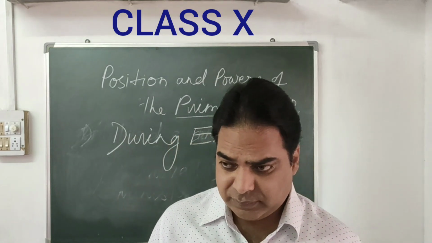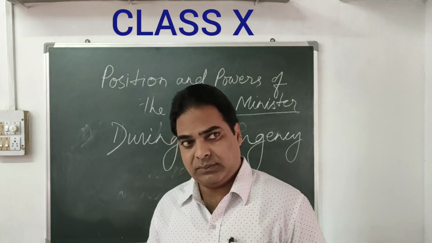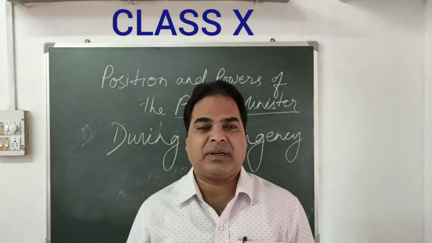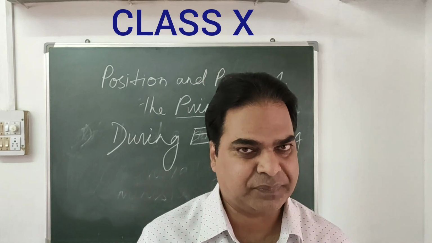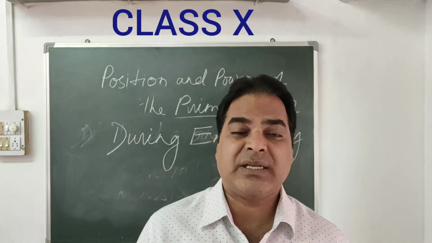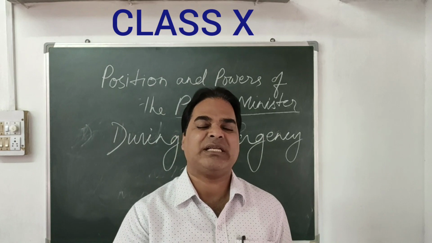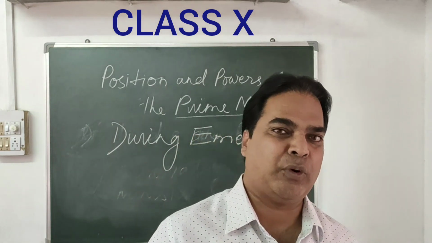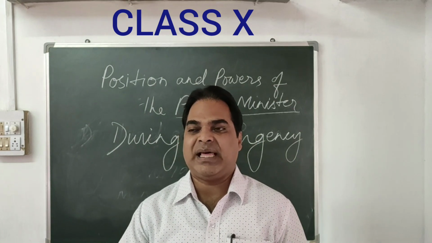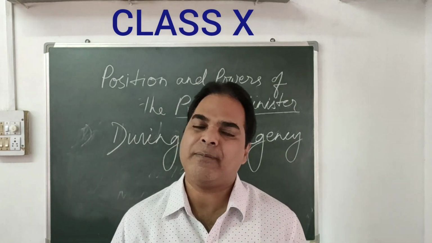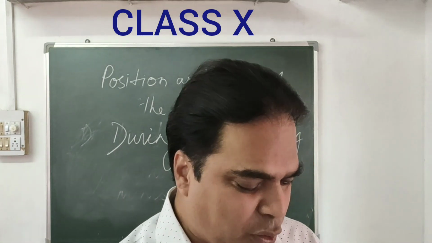As I told you, the President declares emergency, but the decision is taken by the Prime Minister and the Council of Ministers. The Prime Minister and the Council of Ministers decide whether the emergency is to be imposed or not. If emergency is decided and imposed, then it will be declared by the President. That is why it is known as President rule.